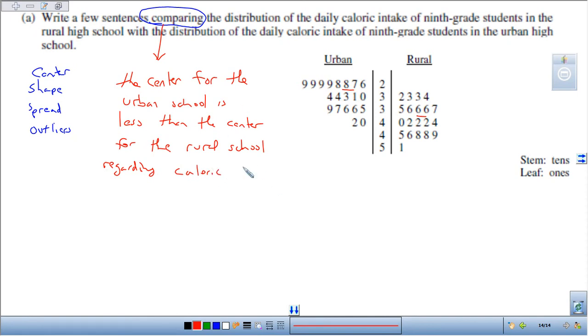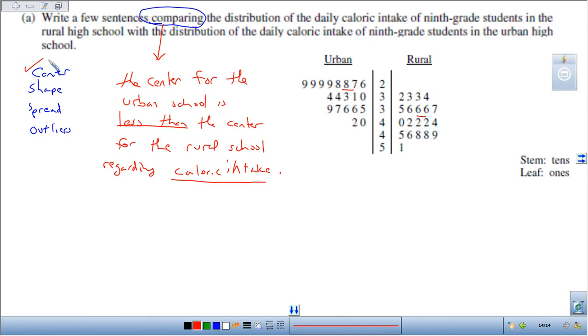It's always important to use that context. Apologize for my handwriting. Again, I do like to have that just to make sure we understand we're talking about caloric intake here. But right now we're saying the urban school has less caloric intake than the rural school.